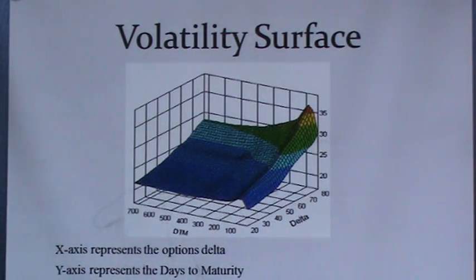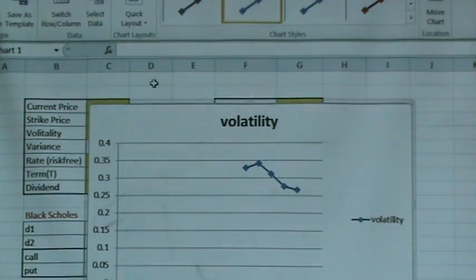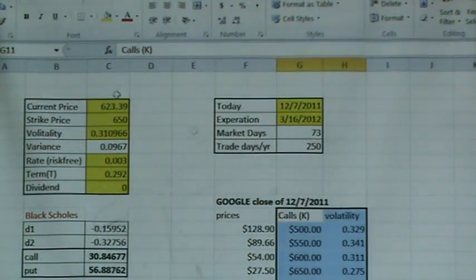Okay, so let's see, we have a few minutes left. If we did a couple of other calculations, let me get rid of this one.